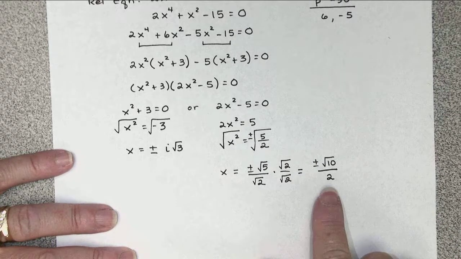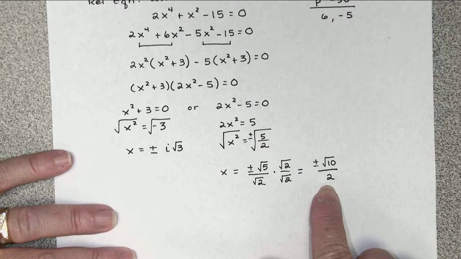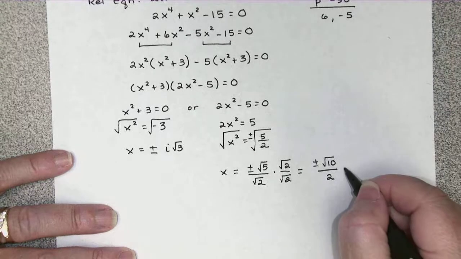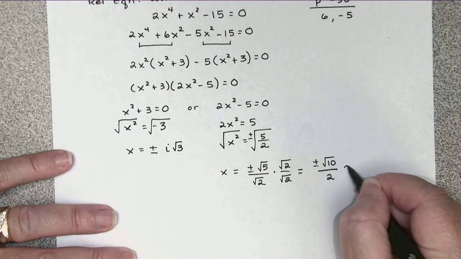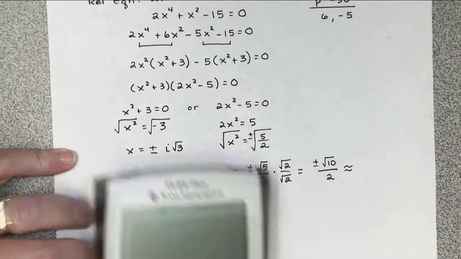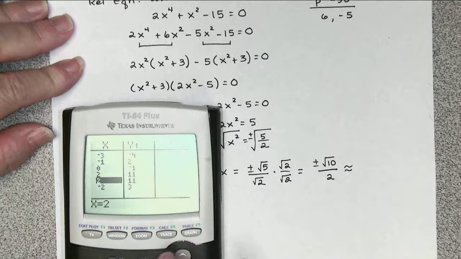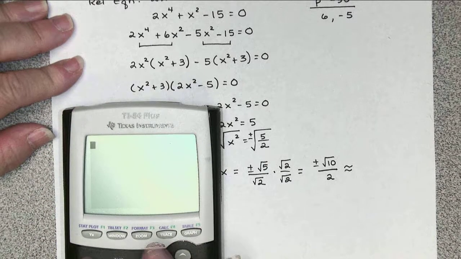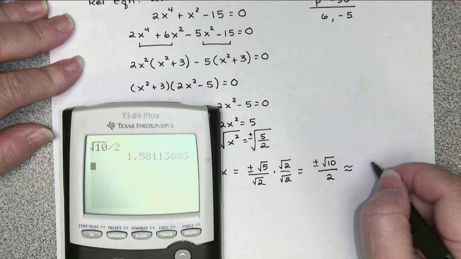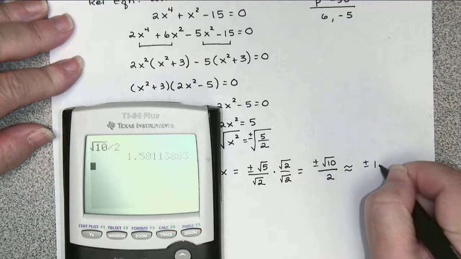Now again, those are exact values for the solution to the equation, but if I'm going to use them to test on my number line, I probably need the decimal approximations. So I'm going to go ahead and get those. And it looks like about 1.58, plus or minus.